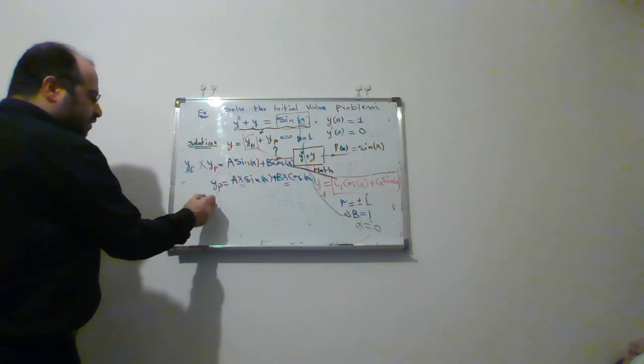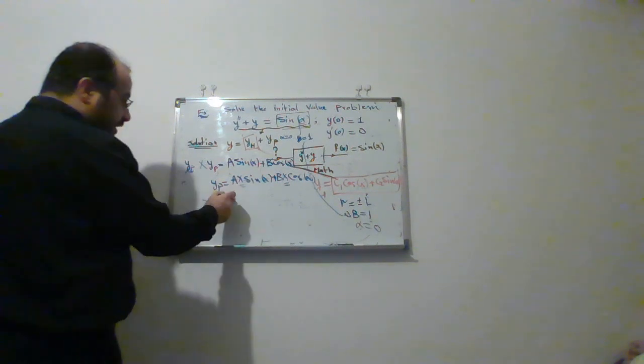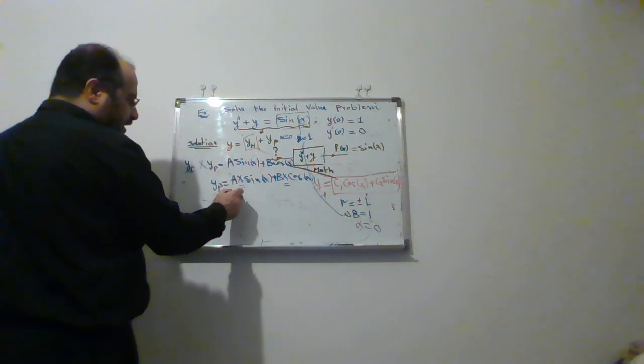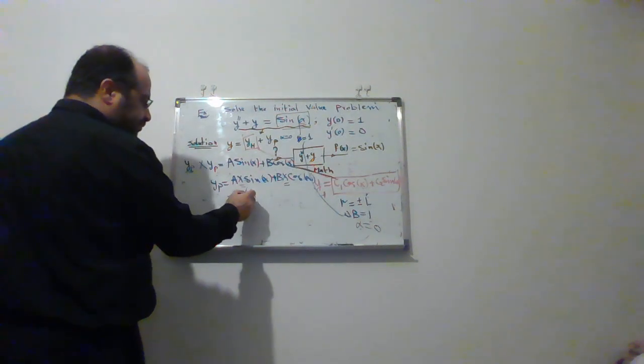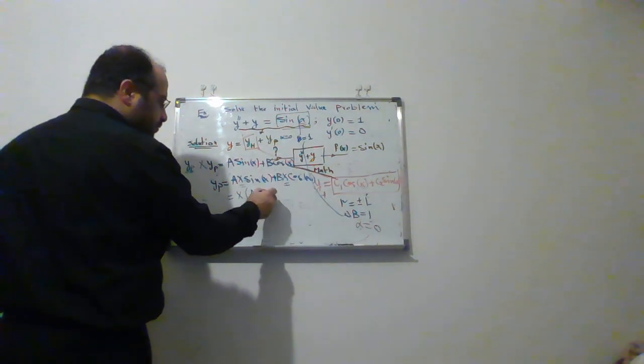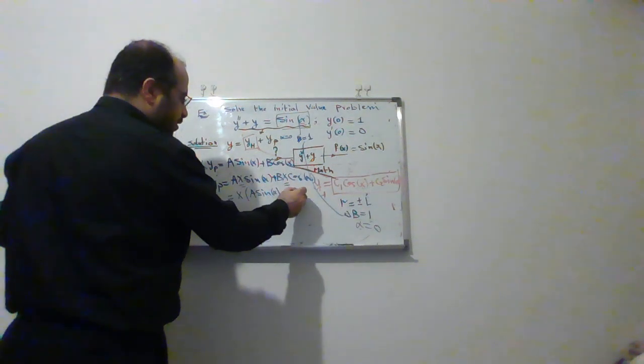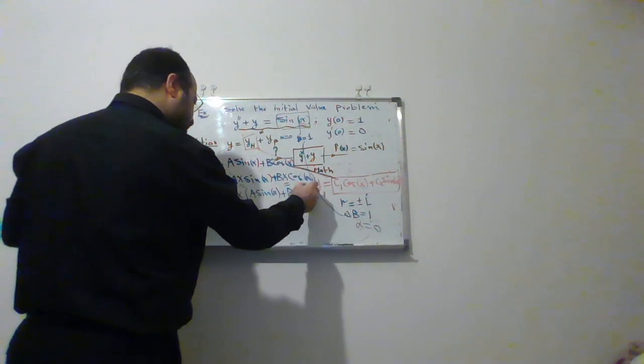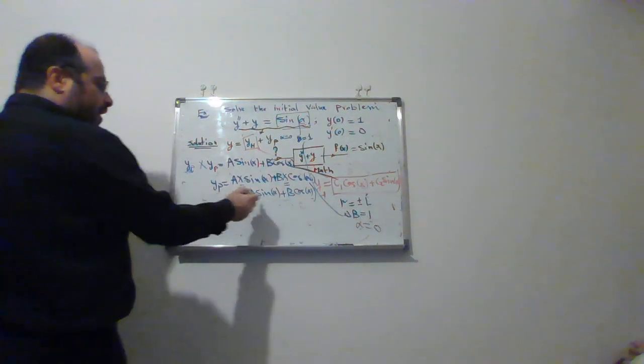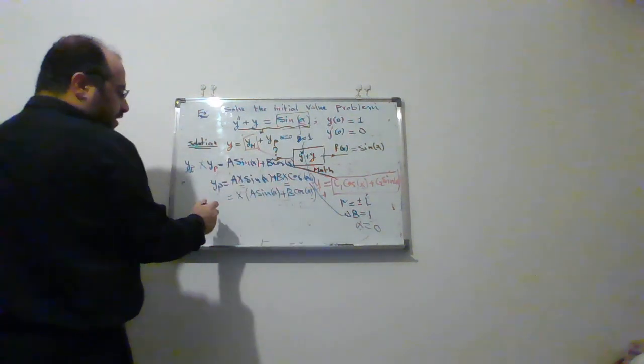Now you need to differentiate this twice. I prefer to write this in this way. Plus b cosine x. Now, why did I do this? Because I need to use the product rule one time.